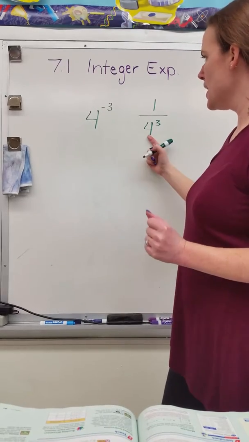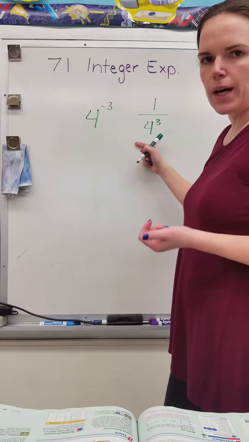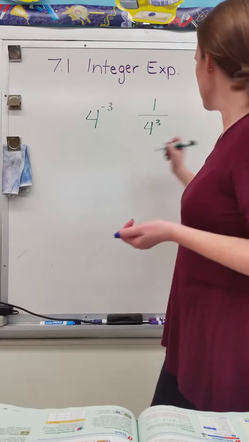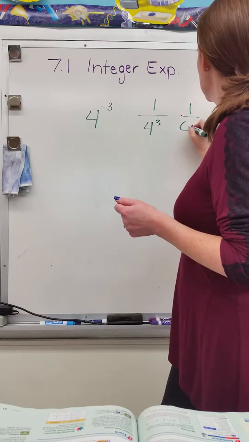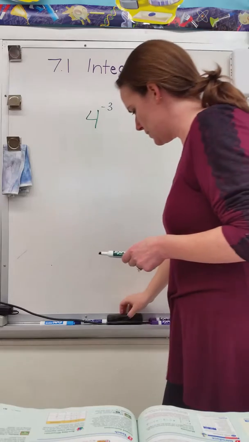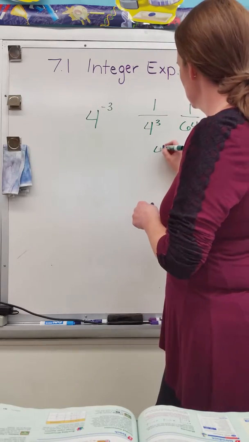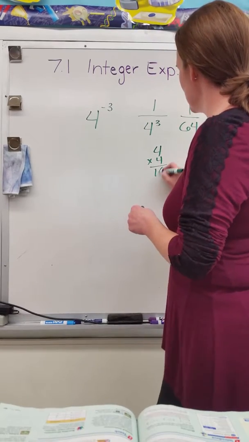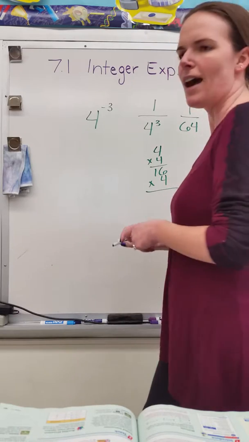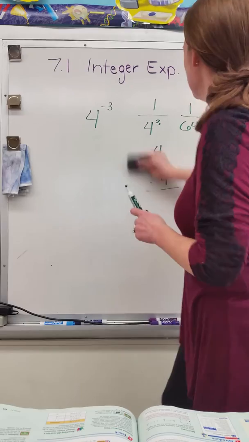And in this case, you could actually solve that. 4 times 4 is 16, and then I believe it's 64. So it'd be 1 over 64. No. 4 times 4, 16 times 4. Okay, yeah, I was right. It's 1 over 64.